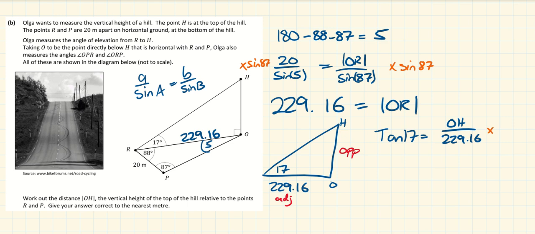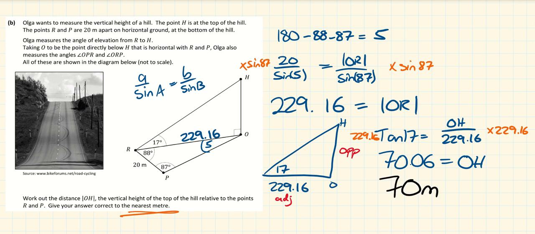So that's on the bottom. We multiply that by 229.16, and we'll put a 229.16 over here. And that will finish it off at 70.06 equals OH, and the question says to the nearest meter. So 70 meters is the height of that.